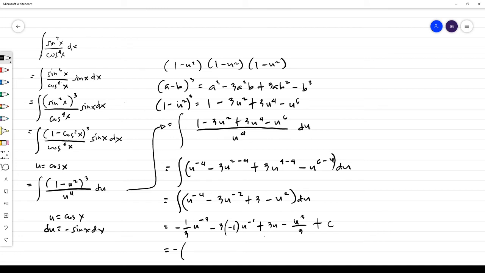Let's just simply apply the negative sign and multiply the equation. So the final answer will be 1 over 3, then u raised to negative 3 is equivalent to 1 over u, and our u is cos x.